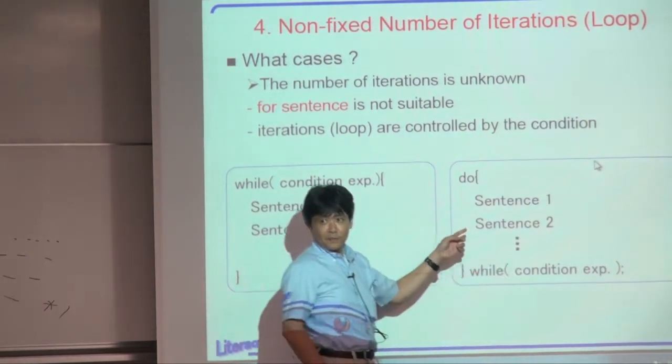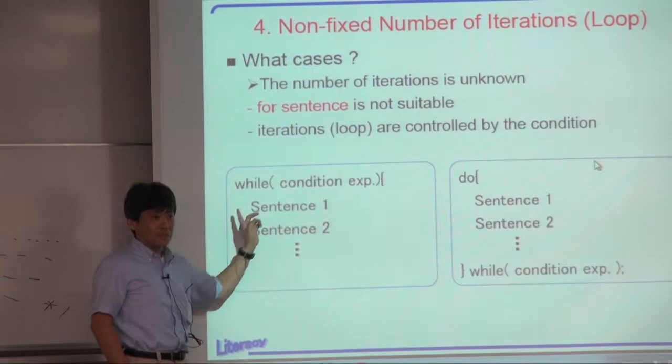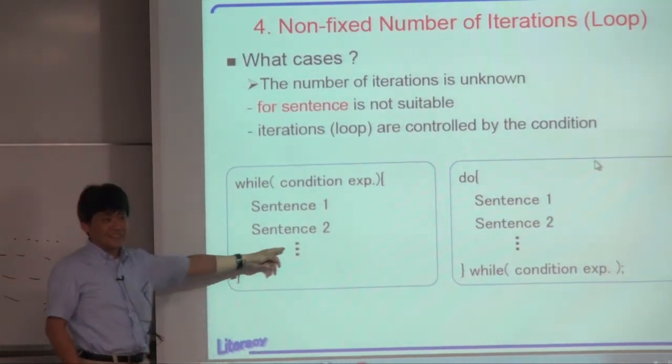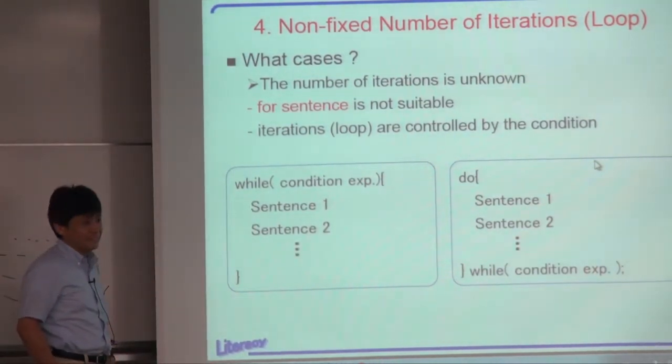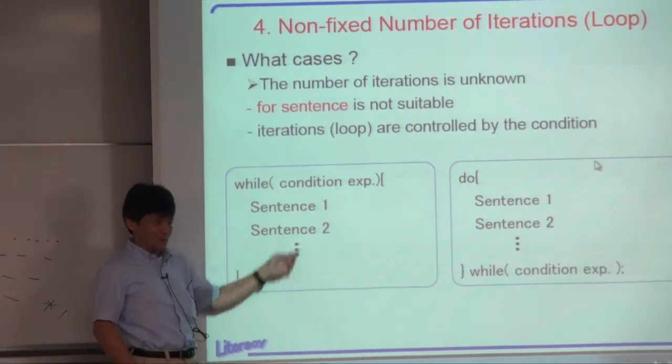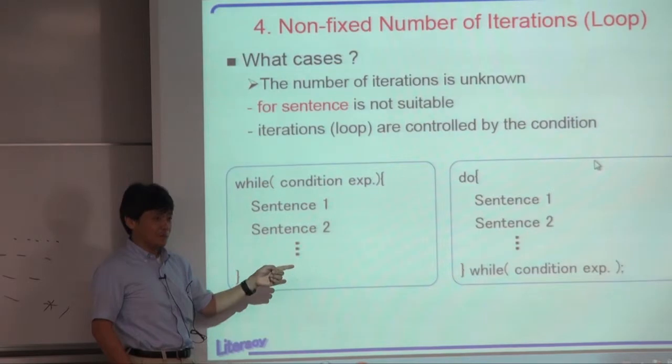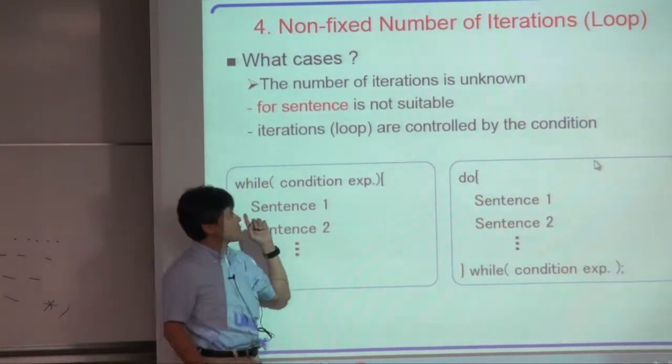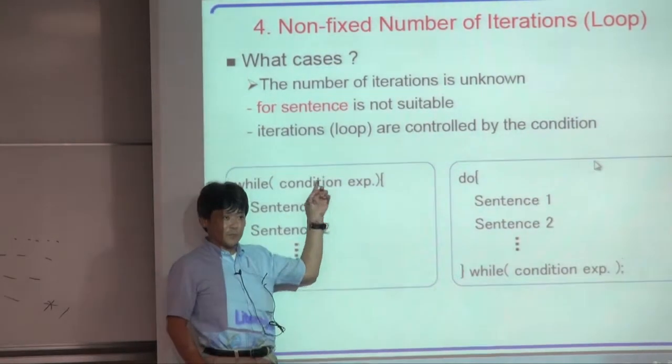Can you understand the difference between this and this? For example, this block will be executed only if this condition is true.